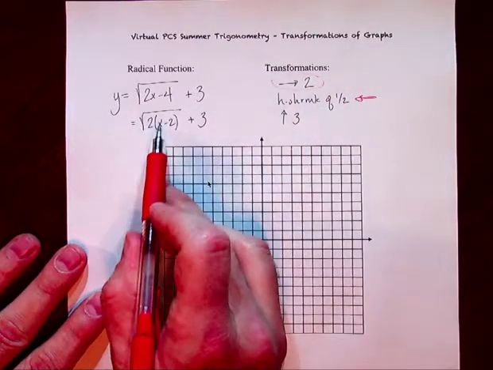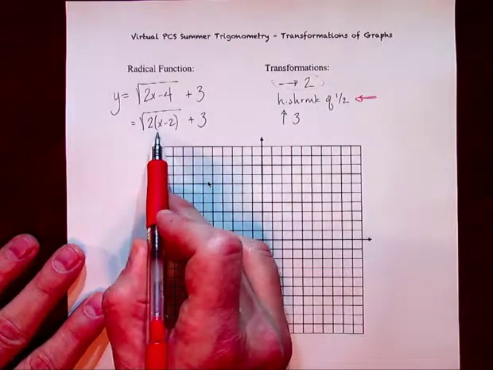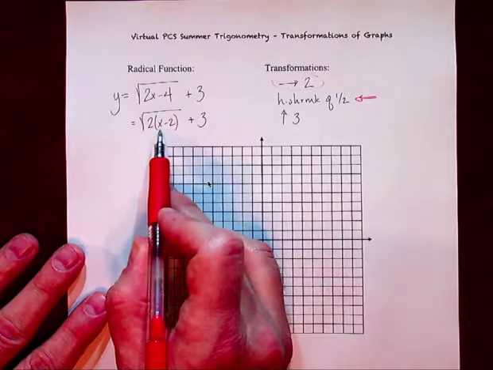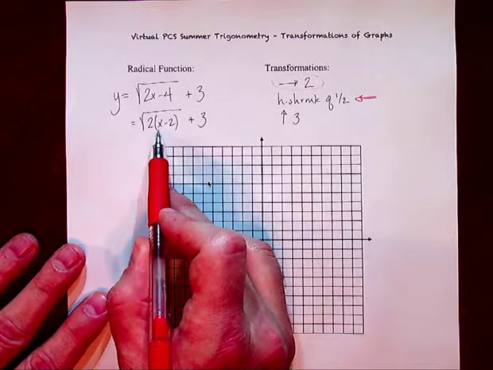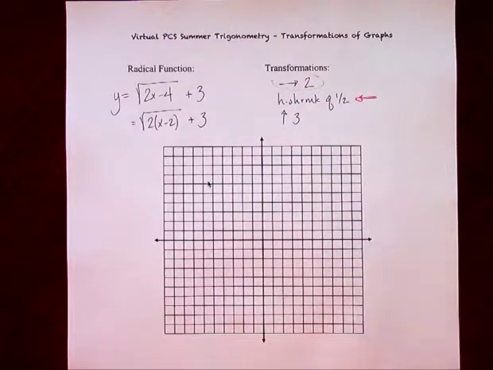So when is this radicand 0? The radicand is 0 at x is equal to 2. And so x is equal to 2 sort of becomes our new 0 value, and because of that, all horizontal shrinks and stretches happen with respect to that new axis.